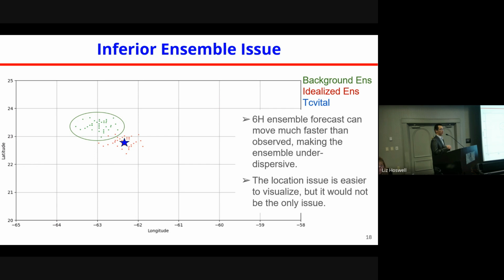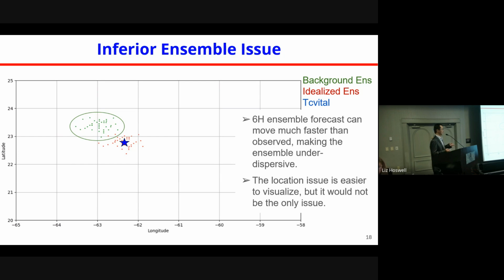Of course, this is not ideal for inner core data assimilation. That's why we are seeing those weird patterns when the TDR, or in this case the tropics inner core data assimilation, comes in. The location issue is easy to visualize, but we can imagine there are more differences when we're using the GDAS ensembles. Those GDAS ensembles have relatively larger storm sizes and weaker intensities, which are features not very good for inner core data assimilation.